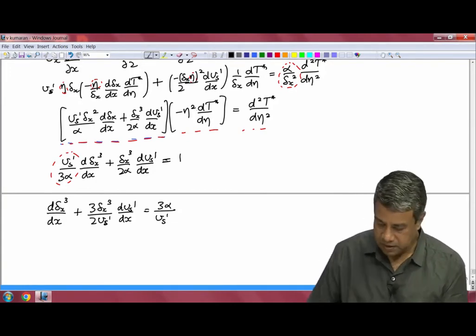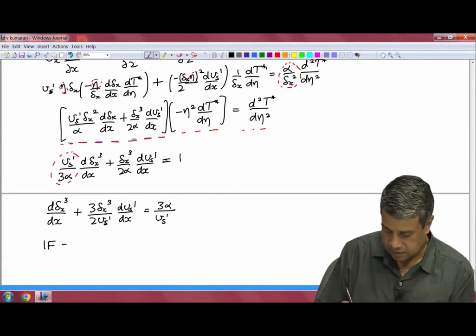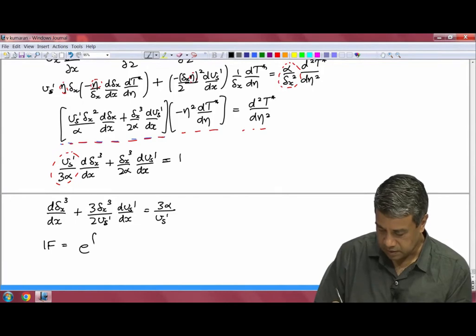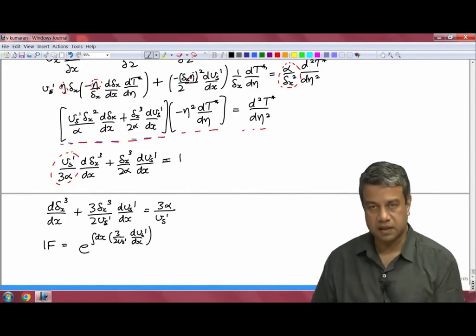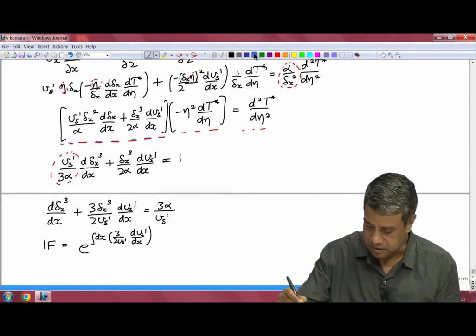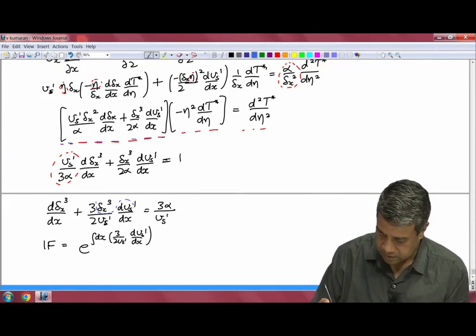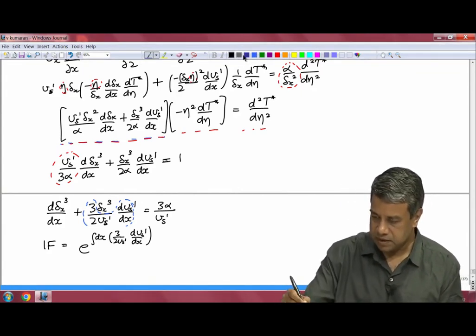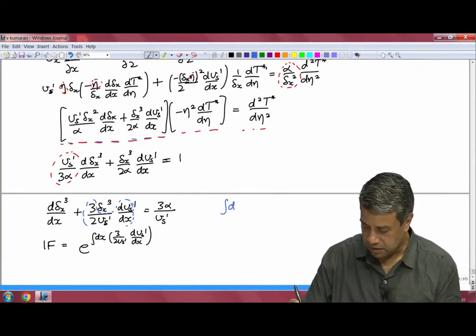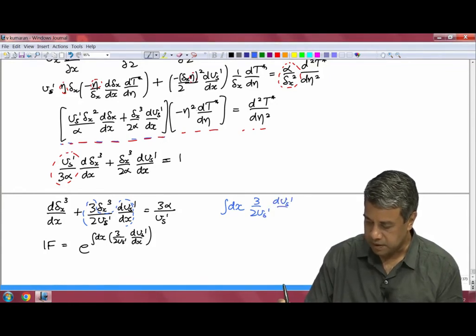Integrating factor is equal to e power integral of dx times 3 by 2 Vs prime dVs prime by dx. That is the integrating factor, that is this prefactor here. You can carry out this integral quite easily. Integral dx of 3 by 2 Vs prime dVs prime by dx.